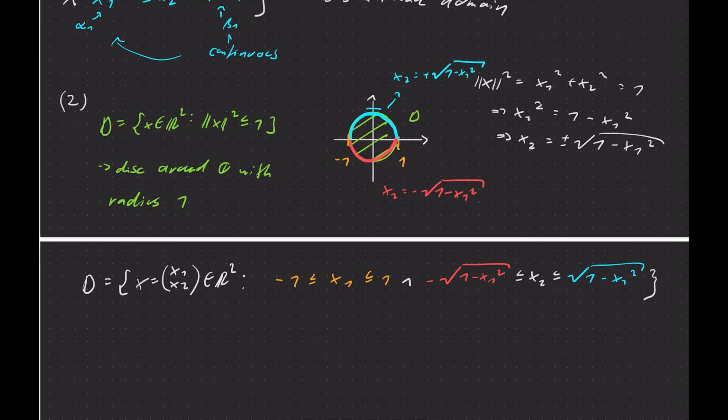So that is again a description in the form that we had in the definition. That's a description as a normal domain. So also that circle is a normal domain.